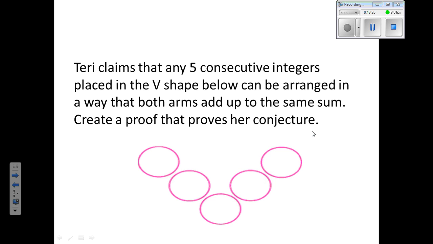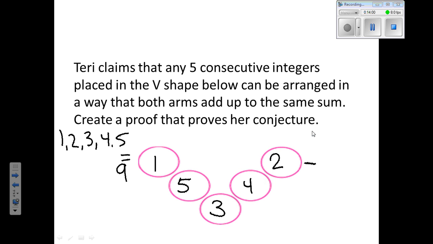So let's try it with the numbers 1 to 5. So it works for that one. Let me try another one.